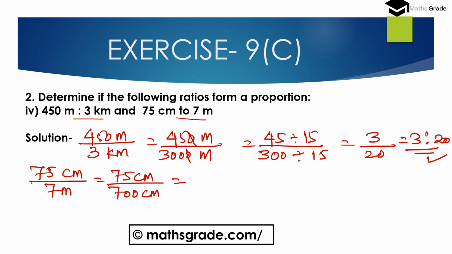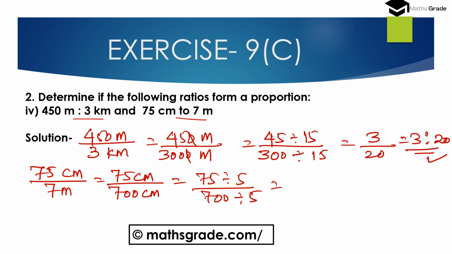Now between 75 and 700, 5 is the common factor. So divide the antecedent 75 by 5 and the consequent 700 by 5.